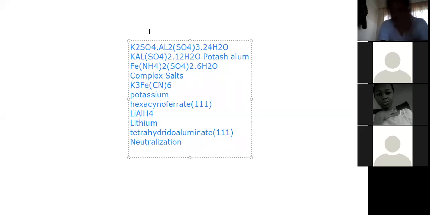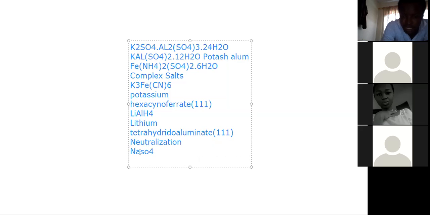So for instance, you realize that in our previous lesson, before the class ended, I told you that when you have NaSO4, this one is the anion of the acid, and this one is the metal part.